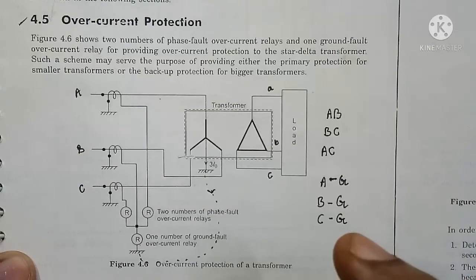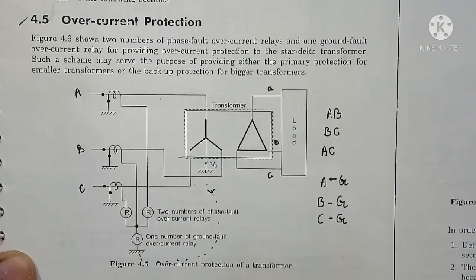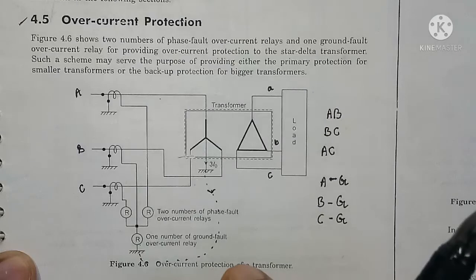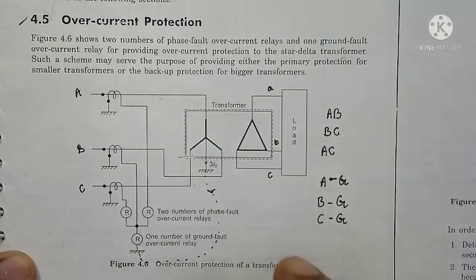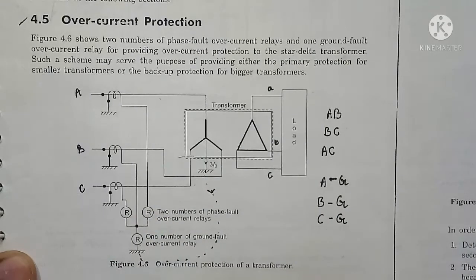So while setting up the pickup current of overcurrent relays, we have to give attention to the unbalanced load current that would flow through the ground fault overcurrent relay, and also we have to give due attention to the third order and multiples of third order harmonic currents that would flow through the overcurrent relay.